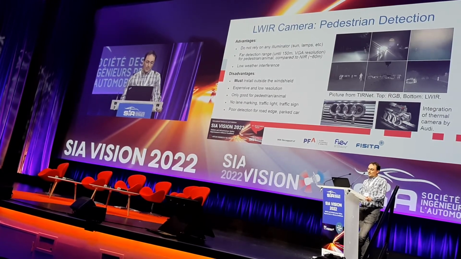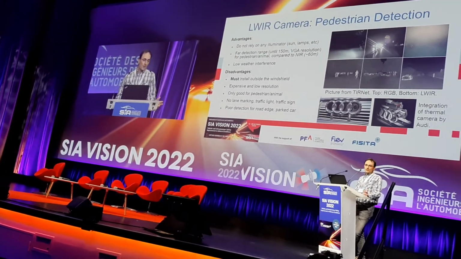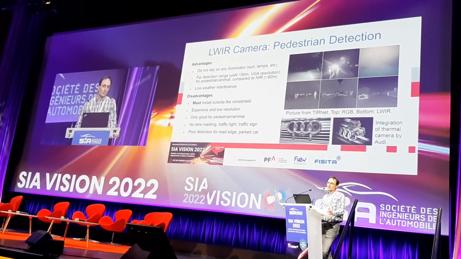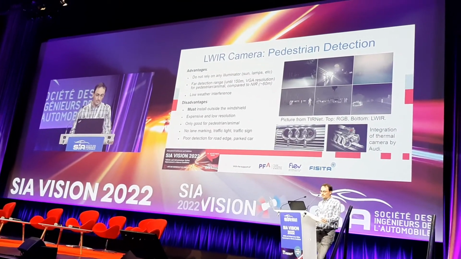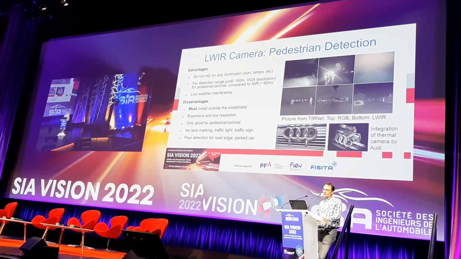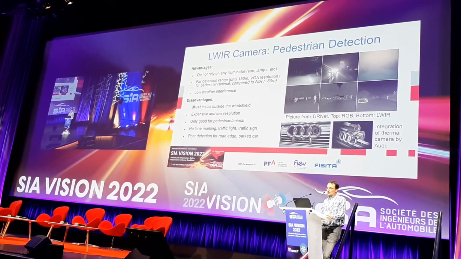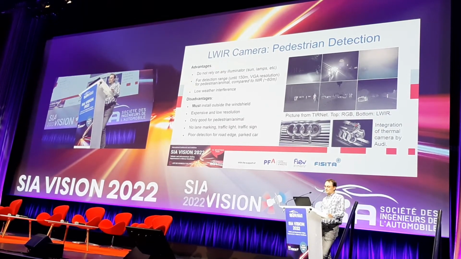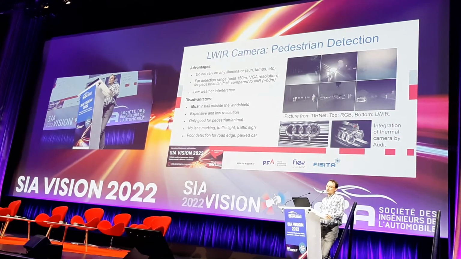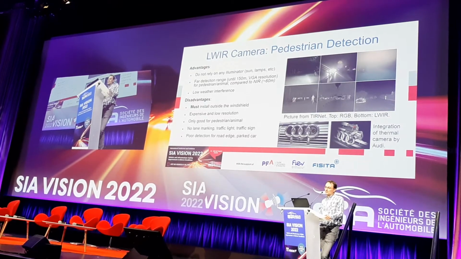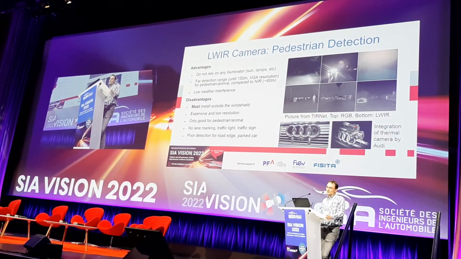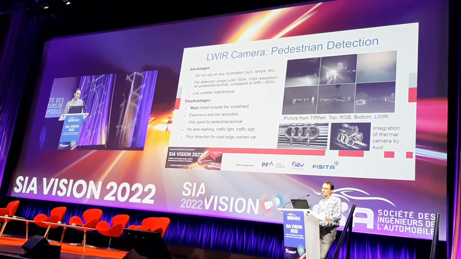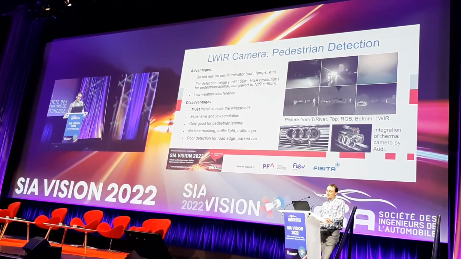So the thermal camera is good because we don't need any illuminator. It is just related to the body's heat temperature. We have a far detection range compared to near infrared, for example, it's twice better. And it has a good penetration in the atmosphere, even in case of adverse conditions. So we can use it at night, and in a foggy day, it will be very reliable.